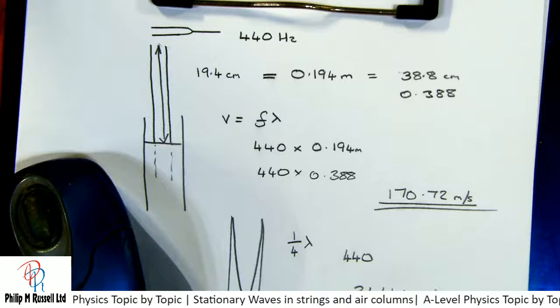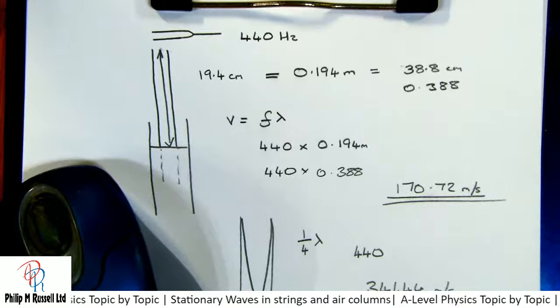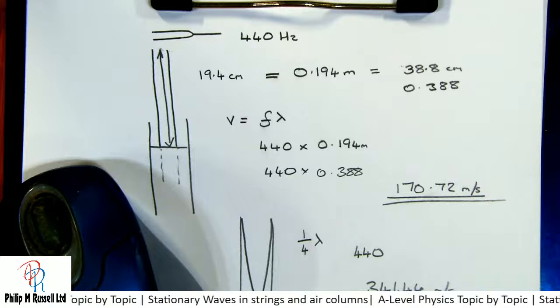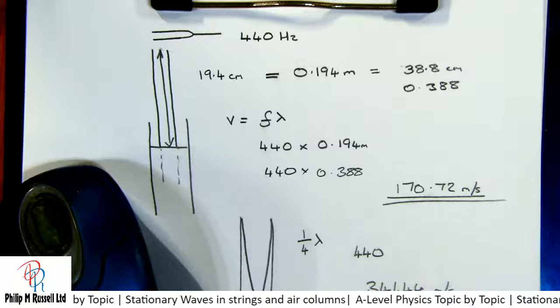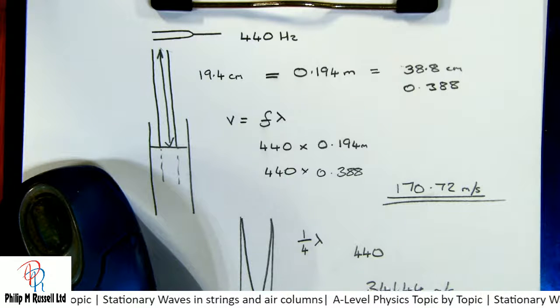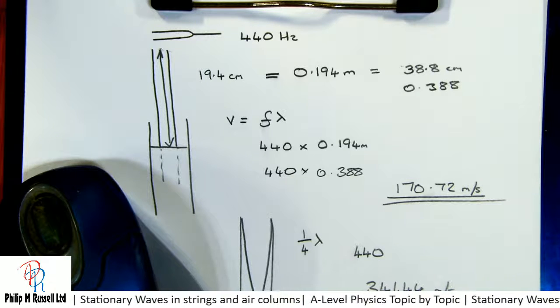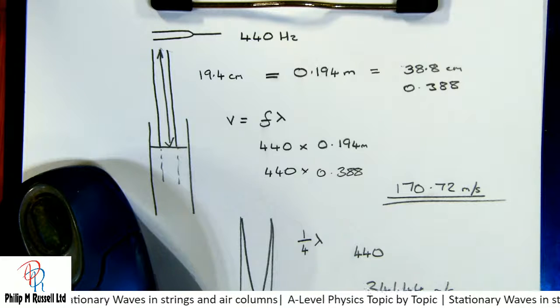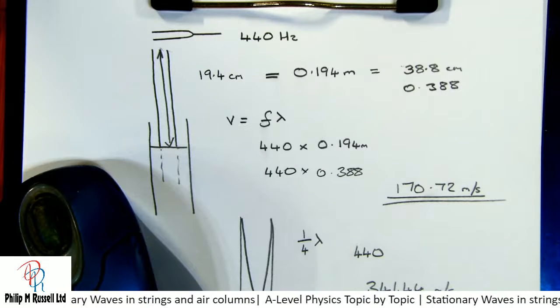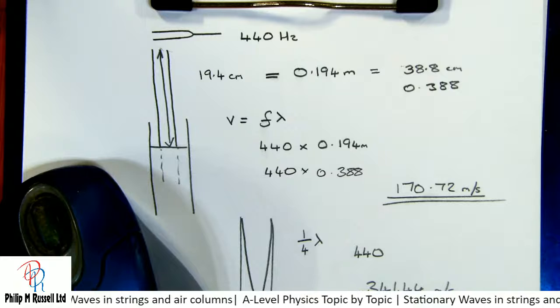So my reckoning with this simple experiment is that I've now got the speed of sound at around about 341.44 meters per second, and that's with my grotty hearing.